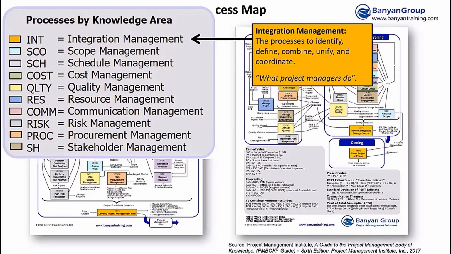A lot of people get stuck with integration management. And so just to give you a quick overview, a lot of people say integration management is what the project manager is doing, right? Those integration processes pretty much tie together the other knowledge areas. It's the processes to identify, define, combine, unify, and coordinate the project activity.